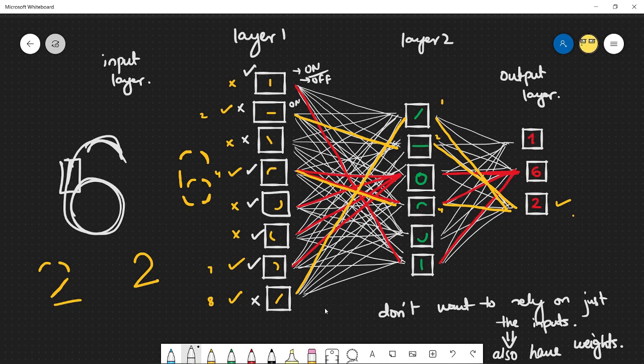So that's the basic idea, the gist of how I want this network to be.